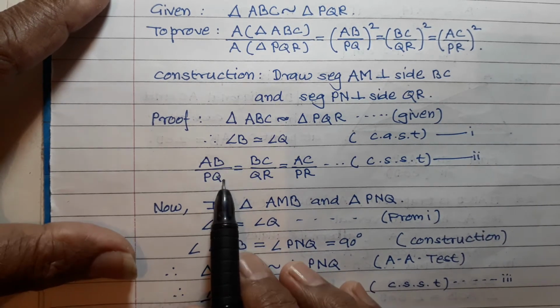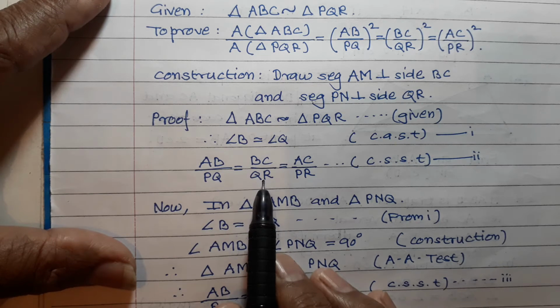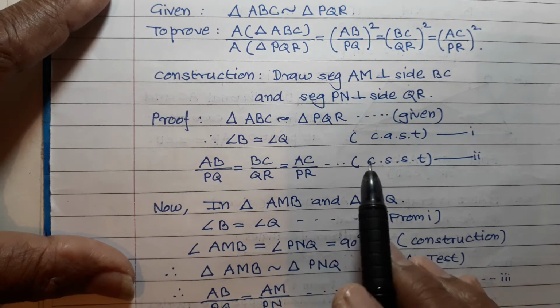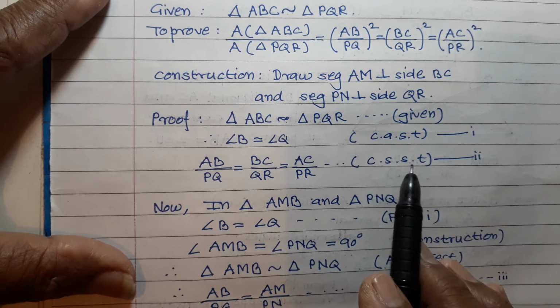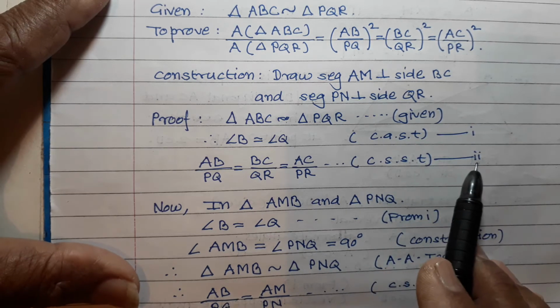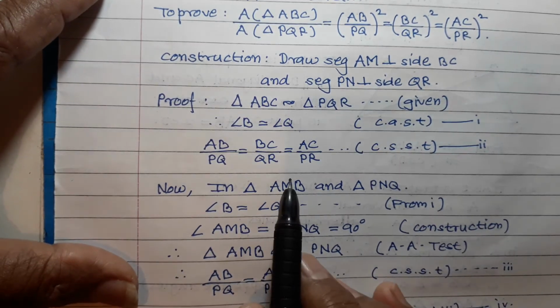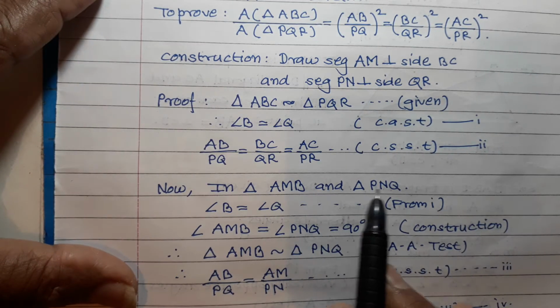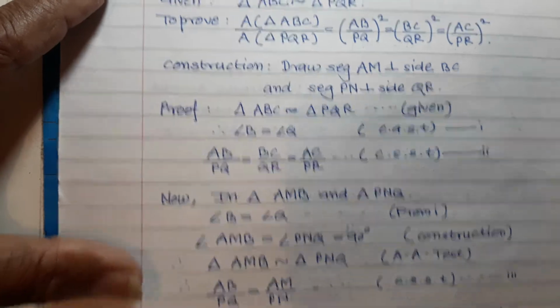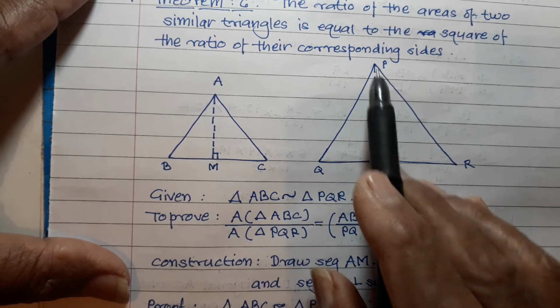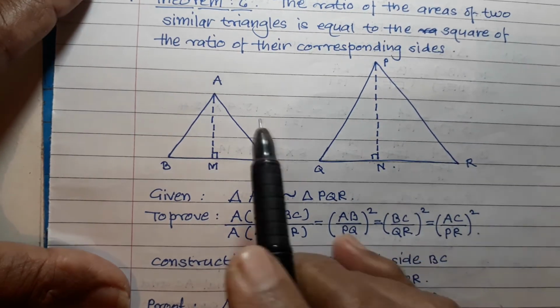Similarly, AB upon PQ is equal to BC upon QR is equal to AC upon PR, corresponding sides of similar triangles. Statement number 2.